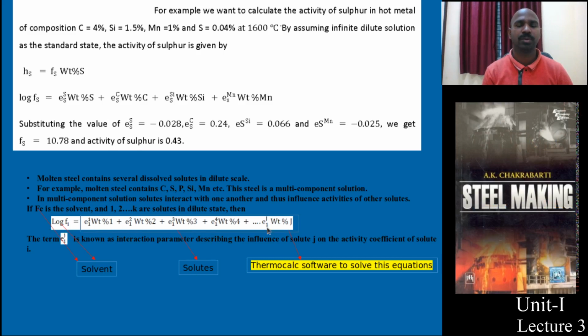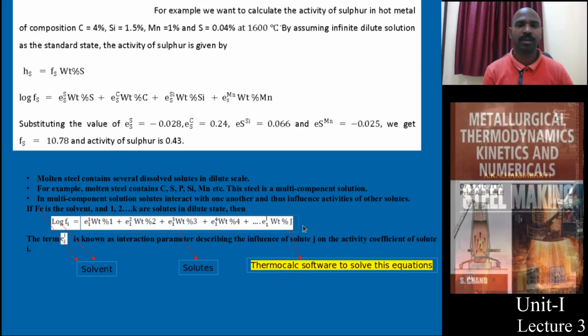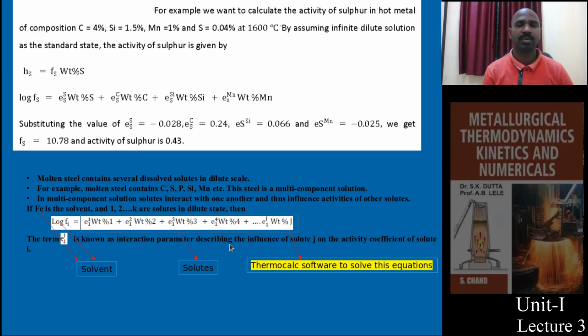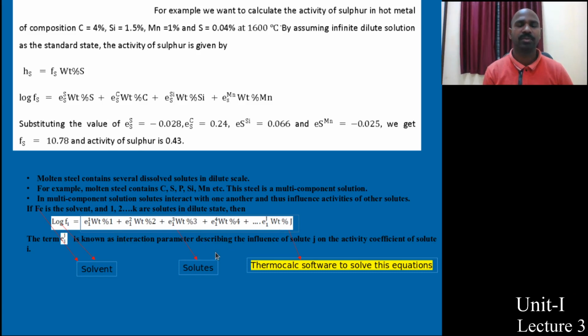This entire expression you can also calculate using software called Thermo-Calc. Otherwise you need to apply the Taylor series and expand the equations. You need to apply the logarithm and multiple logarithms, and finally you will get the answer. This software gives you a very easy way.